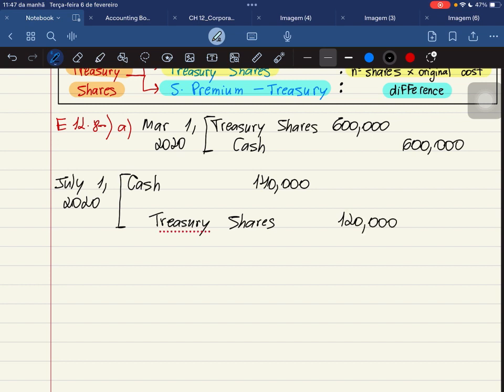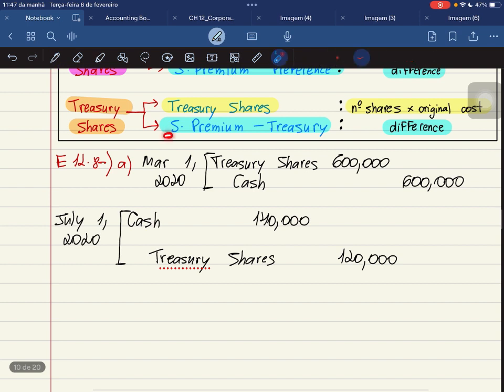But there is a difference, right? The difference is going to be deducted from the share premium treasury. We can see that we are lacking some number here in order to become 140,000, so we are going to credit share premium treasury for the difference of 20,000. Let's check the cheat sheet.